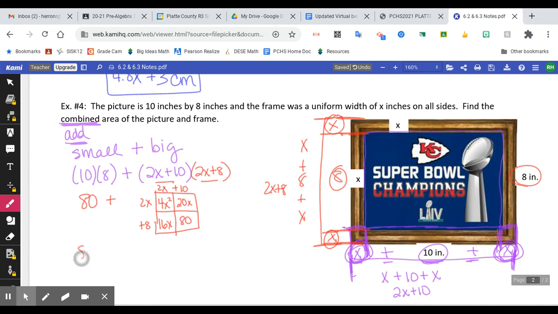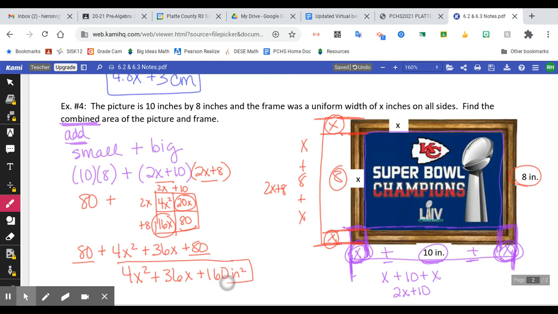So here we go: 80 again plus 4x squared plus 16 and 20 gives me 36x plus 80 at the end. Now let's combine like terms: 4x squared plus 36x plus 80 and 80 gives me 160. And this would be inches squared.